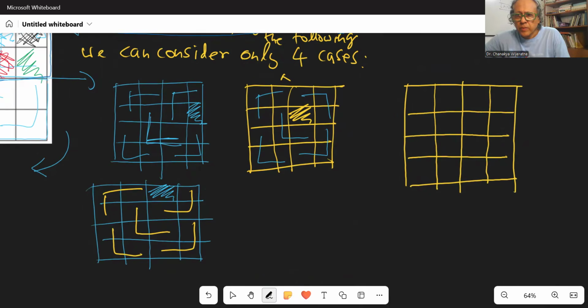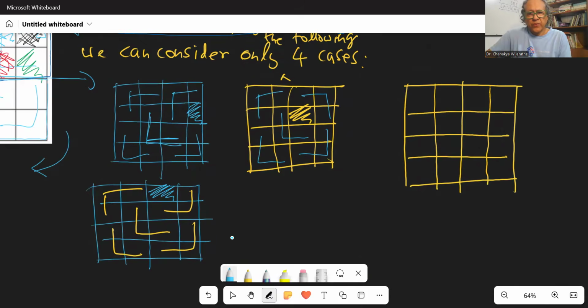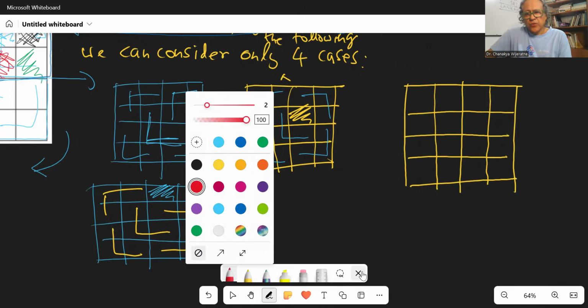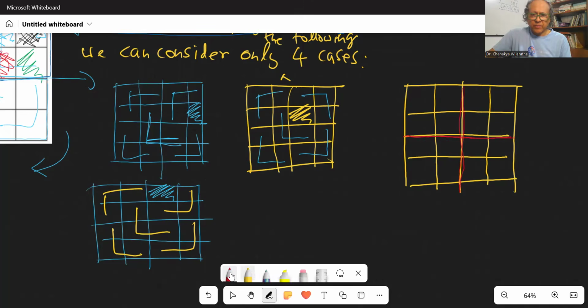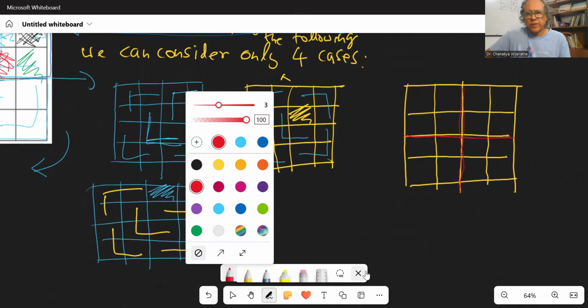Can be divided into 4 2x2 boards, right? Okay. So let me draw it.